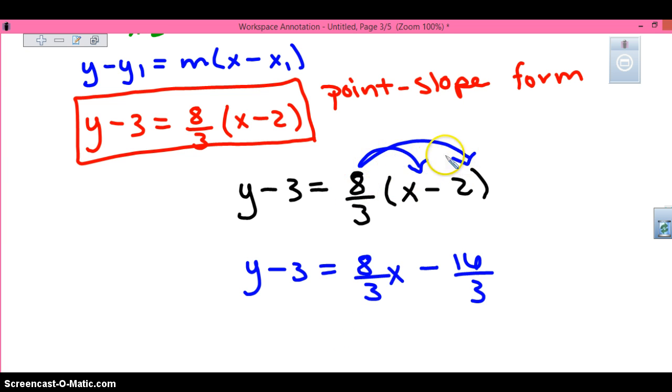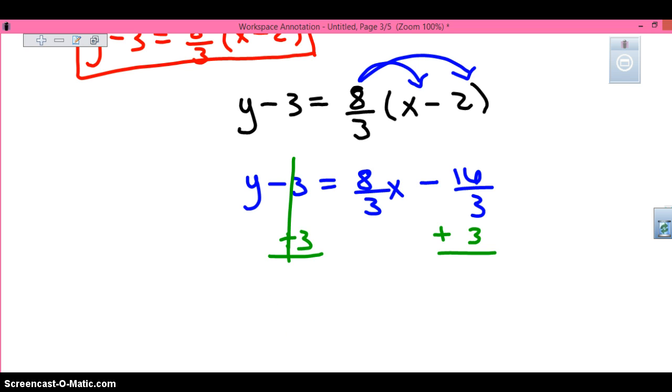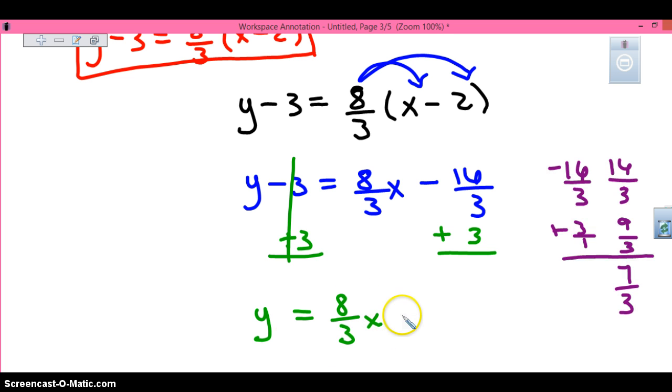So far what I've done is distribute 8 over 3. Now we need to take minus 3 to the other side, so I'm going to add 3. What you do to one side of the equation, you do to the other. So y equals 8 over 3 x plus 7 over 3.